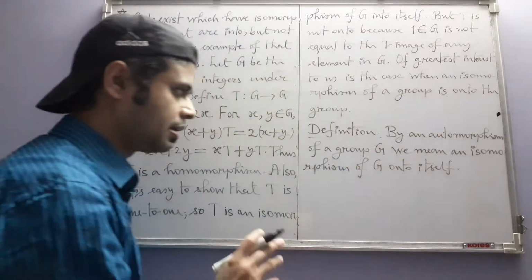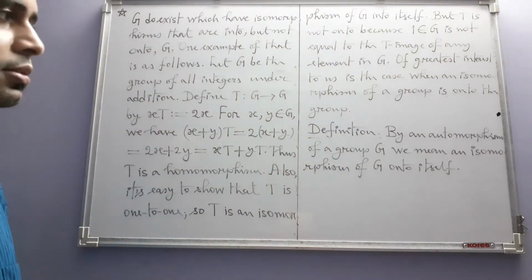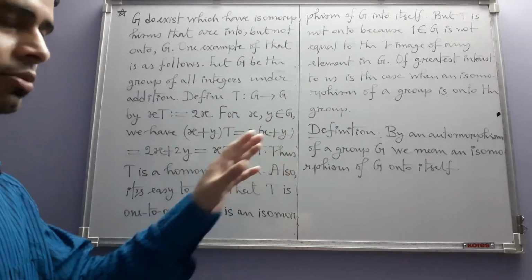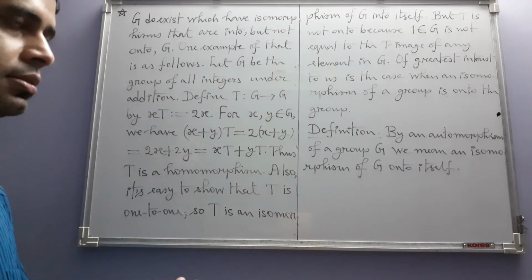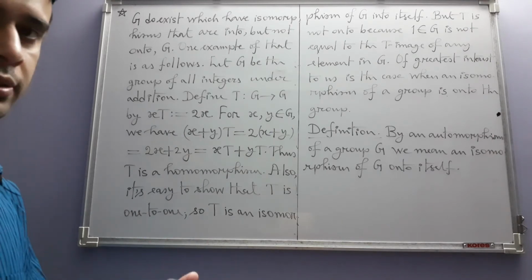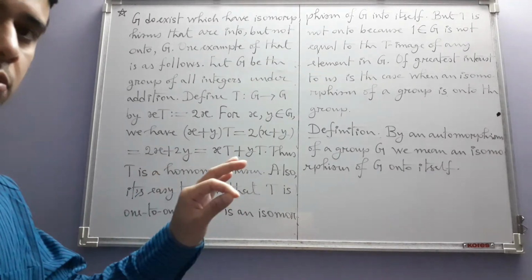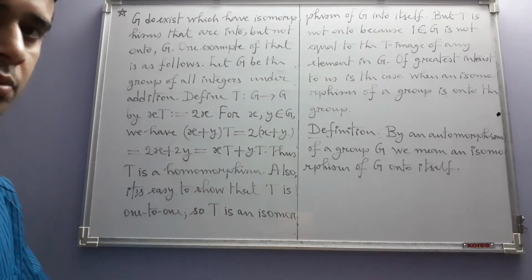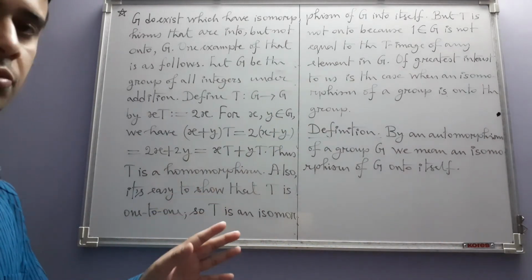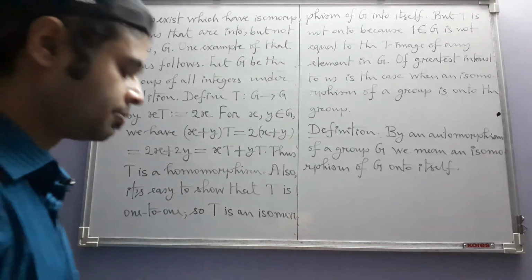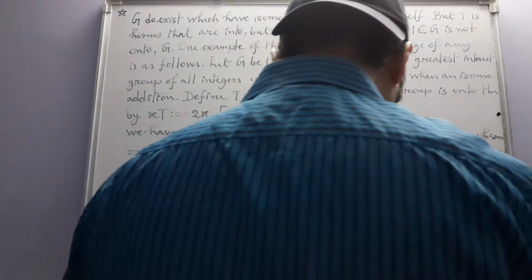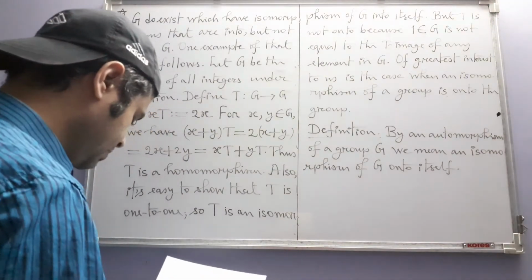So that means there are a number of things happening with an automorphism. You have a group and there is a one-to-one onto function from the group into itself, that is a homomorphism. Such a function is known as an automorphism. The power is gone. Anyway, it has come back also.